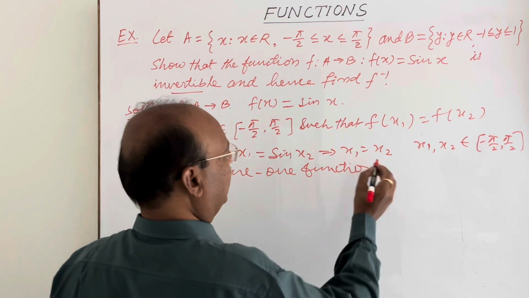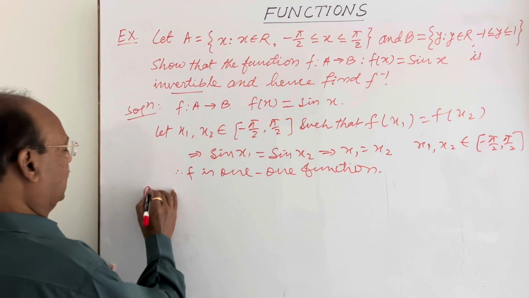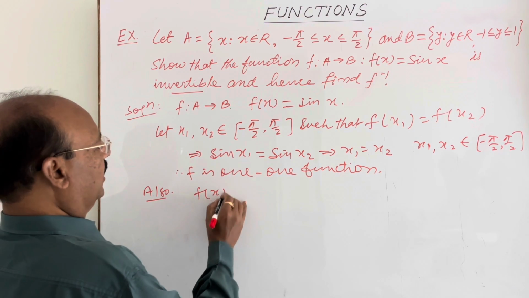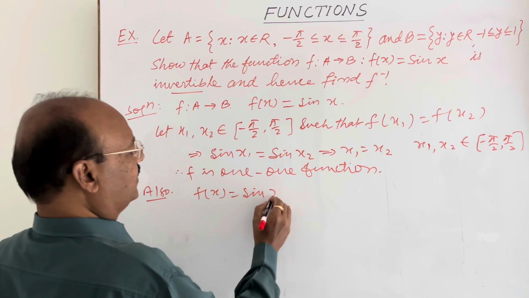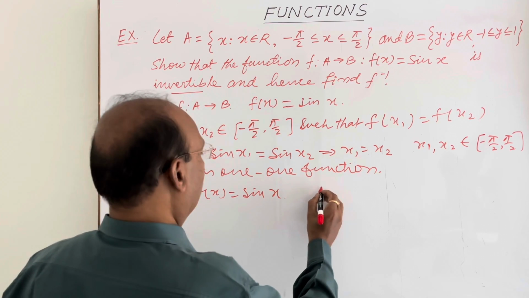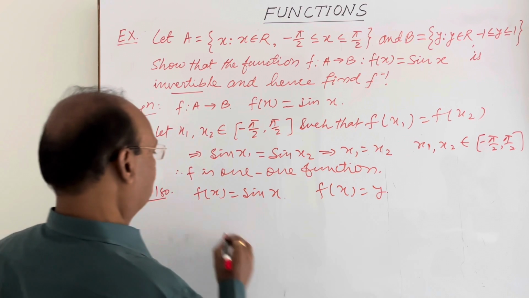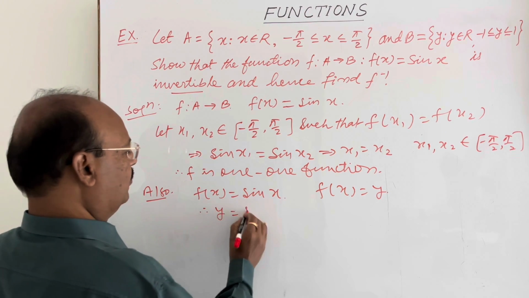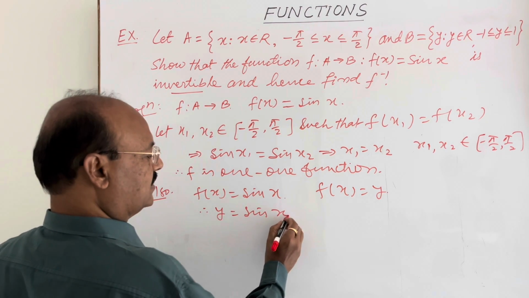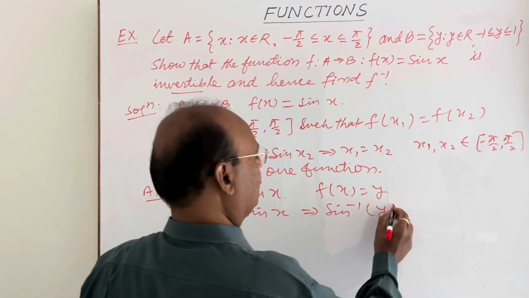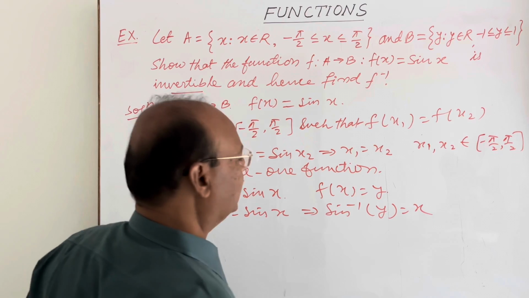Now we have to show that the function is also onto function. f(x) is equal to sin x. We write here f(x) is equal to y. So therefore y is equal to sin x, and this implies sine inverse of y is equal to x.